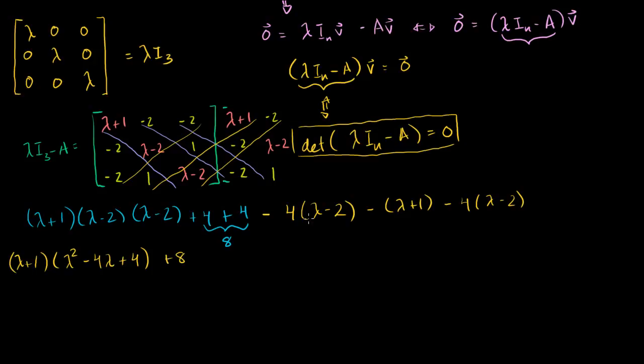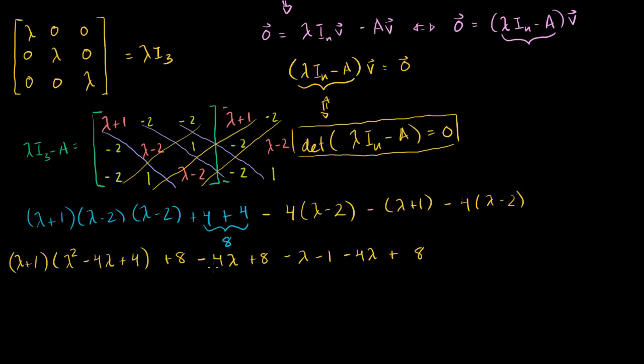Plus 8. And then I have minus 4 times lambda. Let me just multiply everything out. So I have minus 4 lambda plus 8 minus lambda minus 1 minus 4 lambda plus 8 plus 8.